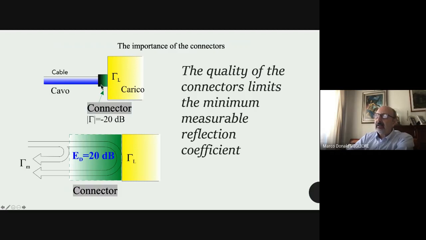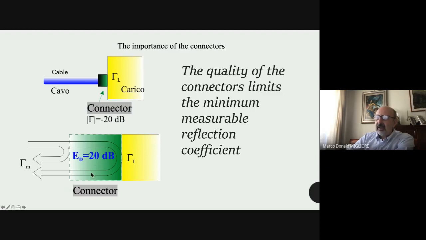And you can buy a connector for 50 cents or connectors that cost several hundred euros. What is the difference between these connectors? The difference is the reflection coefficient of the connector. Let us suppose that we want to measure a load whose reflection coefficient is very, very low, okay? And we use a connector whose reflection coefficient is not so low. For example, the load is -40 dB, and the reflection of the connector is -20 dB.